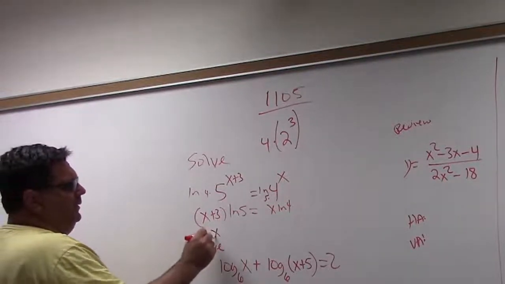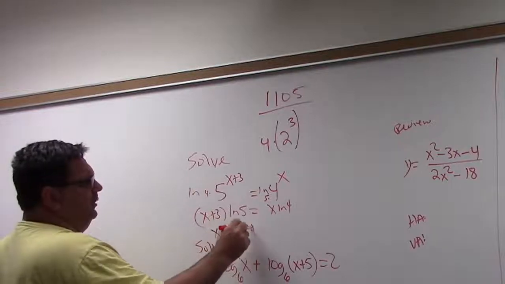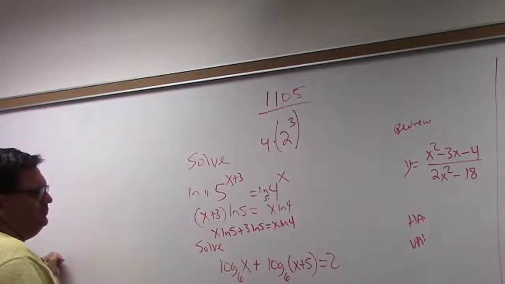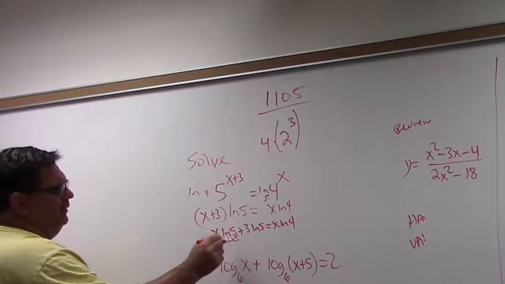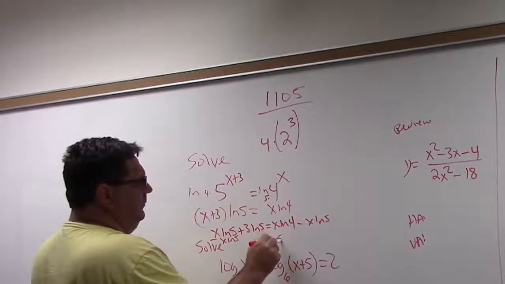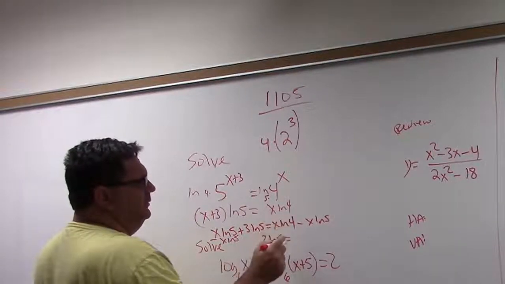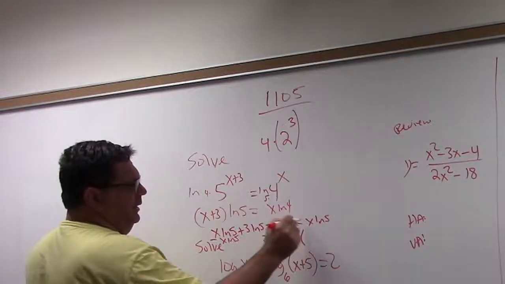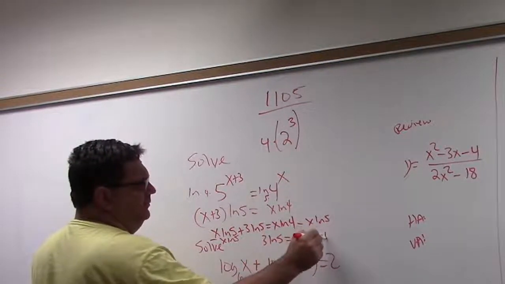So then this becomes x ln 5 plus 3 ln 5 equals x ln 4. Subtract x ln 5 from both sides. We get 3 ln 5 equals x ln 4 minus x ln 5.